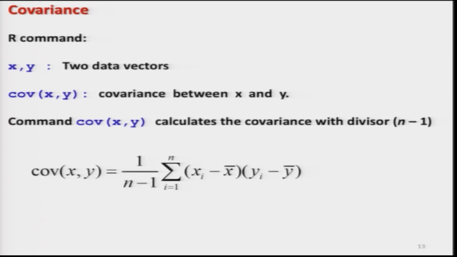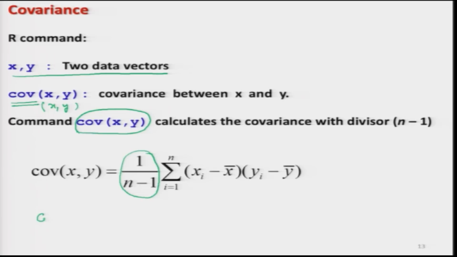Now, the next question is how to compute this covariance on the basis of a given set of data in the R software. If x and y are the two data vectors, then the command to compute the covariance is cov, all in small letters, and inside the arguments we give the data vectors. But you have to remember one thing: this command cov in R gives the value of covariance with the divisor n minus 1.